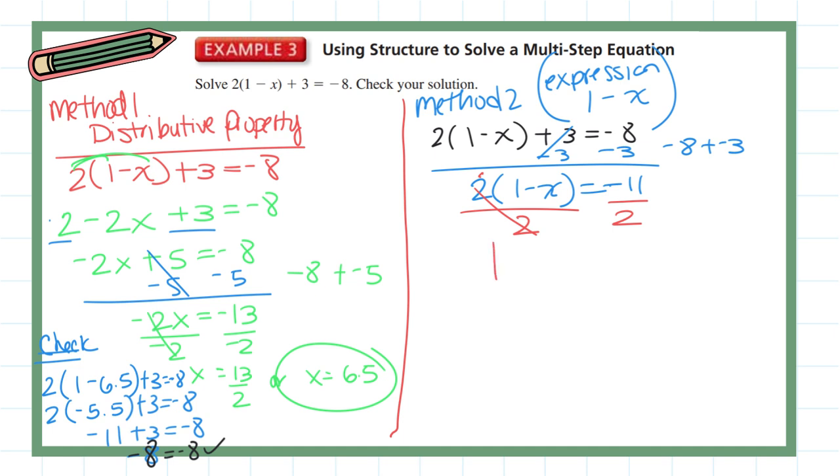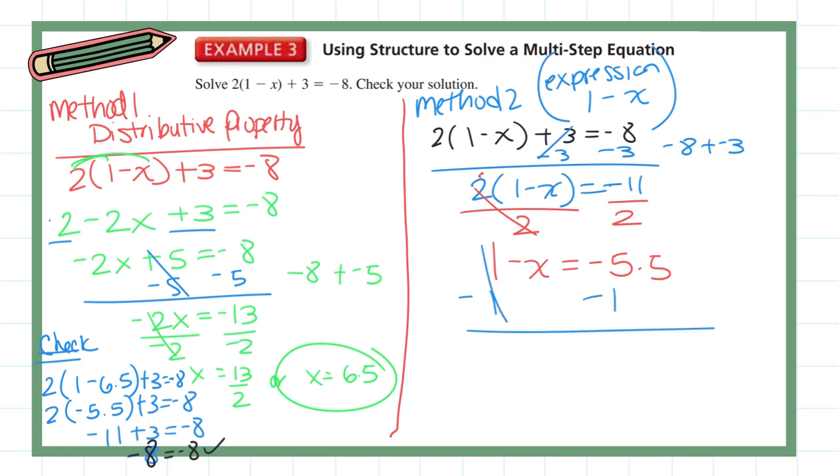And we're left with 1 minus x equals negative 11 divided by 2 gives me negative 5.5 after simplification.